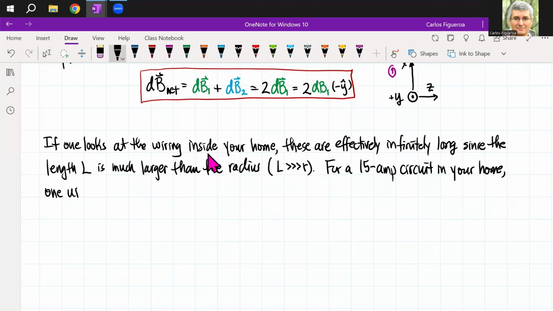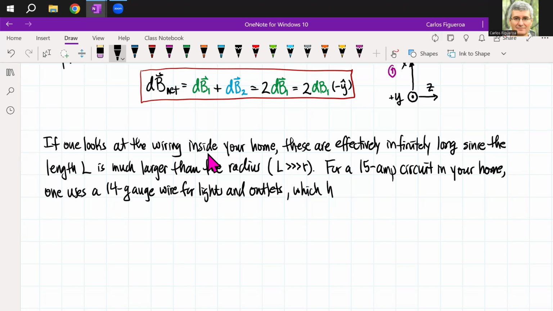One uses a 14 gauge wire for lights and outlets, which have a thickness, by which I mean the diameter, of 1.628 millimeters.